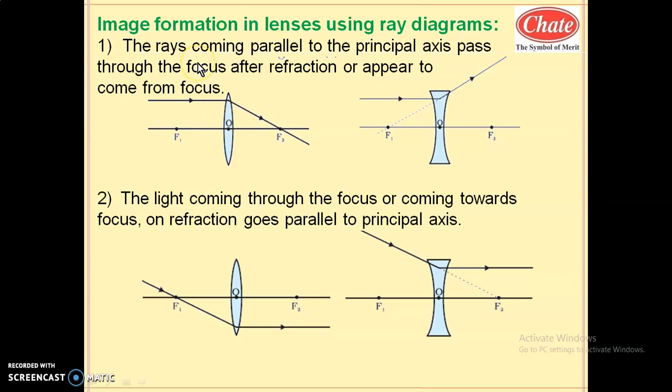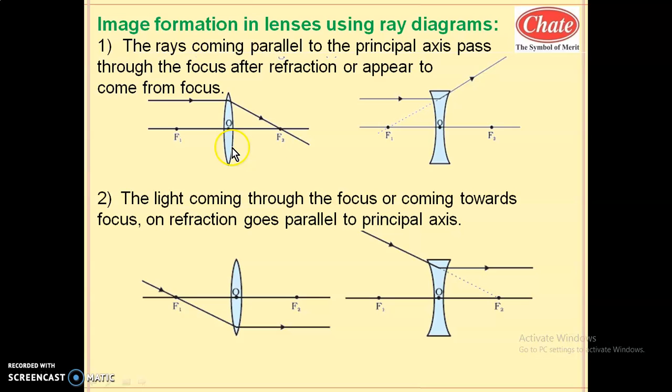So the first rule is again similar to that of the mirror. The rays coming parallel to the principal axis pass through the focus after refraction or appear to come from the focus. The rays which are coming parallel to the principal axis of either a convex lens or a concave lens.